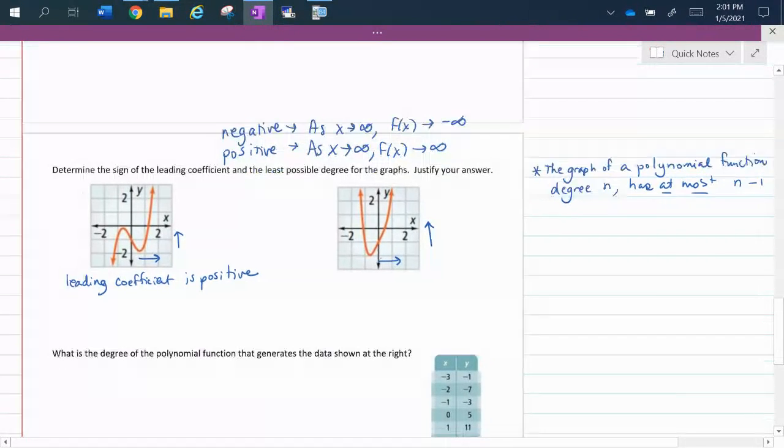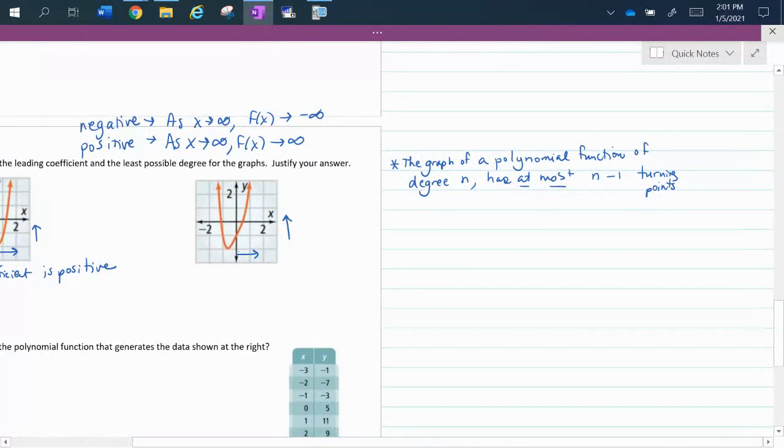And then there's one more little rule: the graph of a polynomial function of degree n has at most n minus 1 turning points. Let's read that again. The graph of a polynomial function of degree n, so whatever the degree is, has at most n minus 1 turning points.